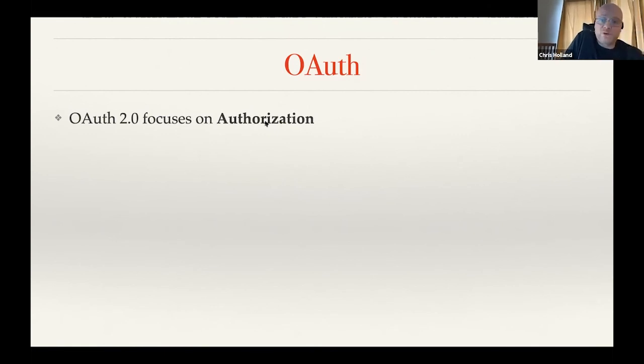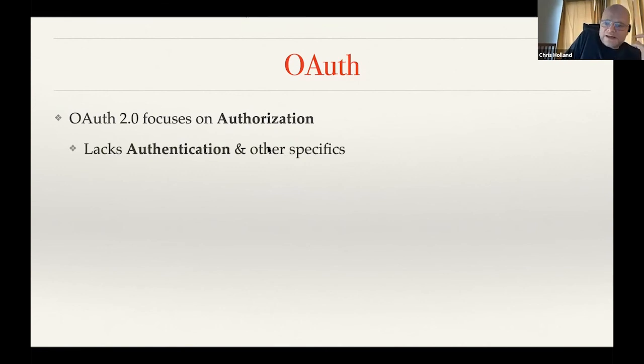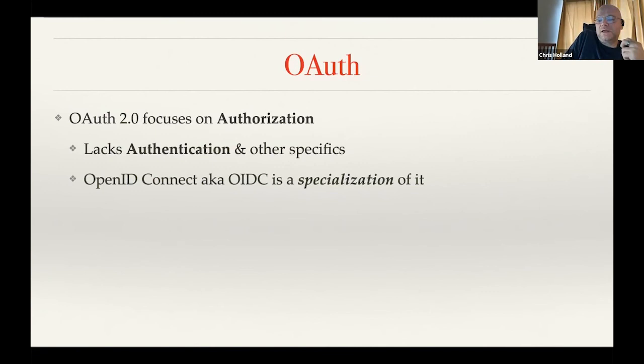It didn't tell you what to do to specifically identify users. So that's what it lacked: authentication and other specifics. To address this limitation, OpenID Connect came on the scene. It's also known as OIDC. And OIDC is a specialization of OAuth 2.0, right?